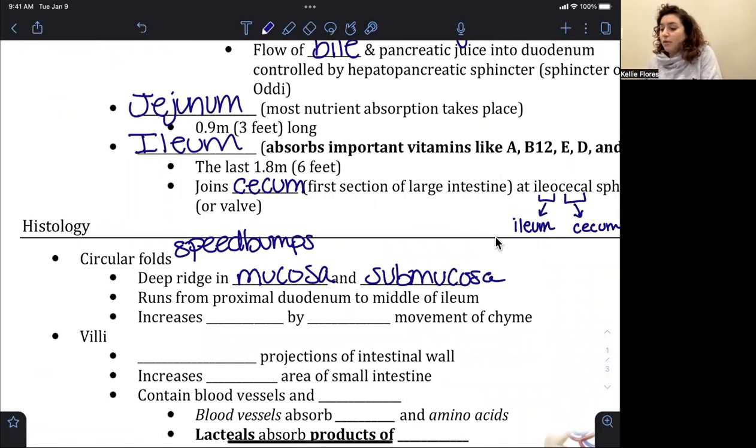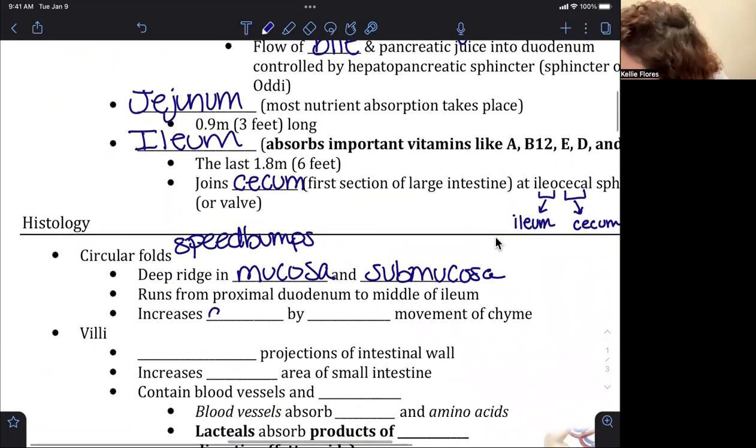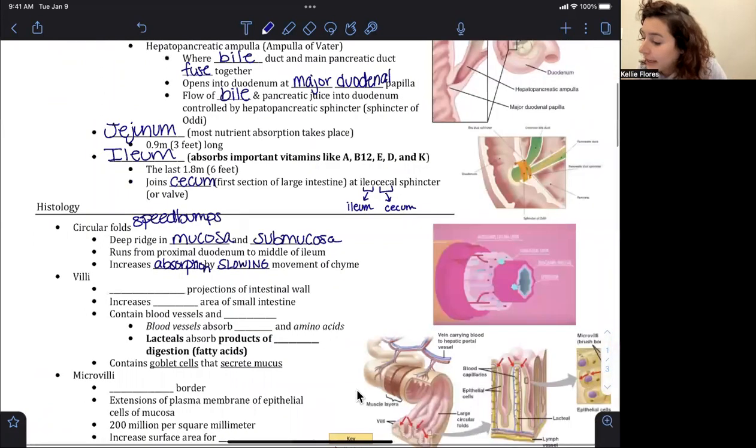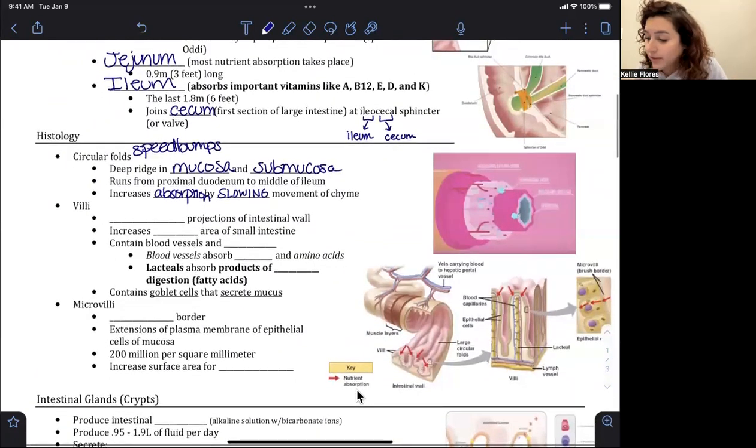They run from the proximal duodenum to the middle of the ileum, and they increase the absorption by slowing the movement of chyme. So that's one part of the histology here, the circular folds. You probably won't see that in any other part of the digestive tract. So that's something new.